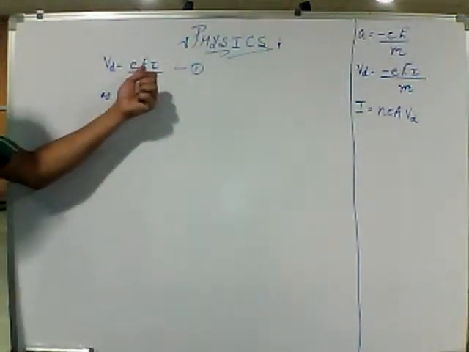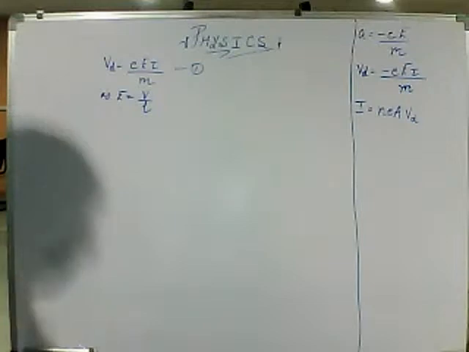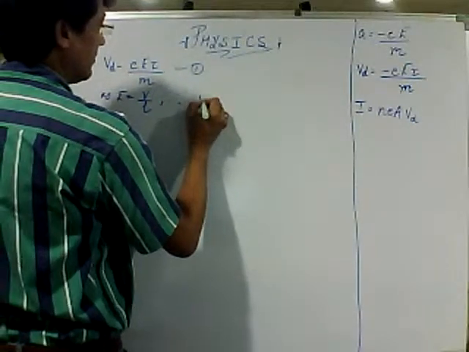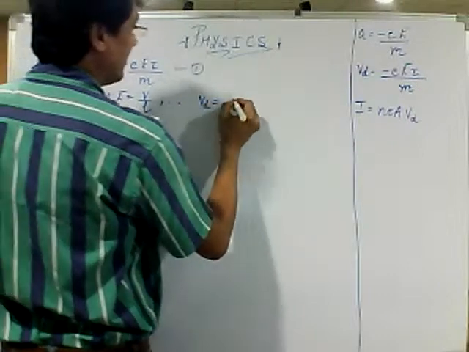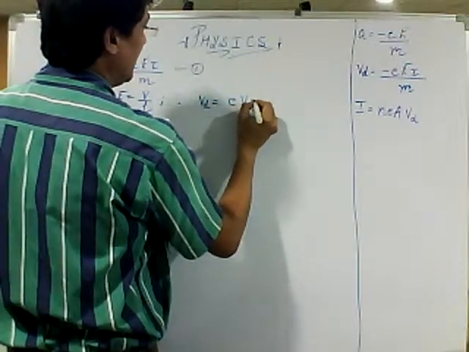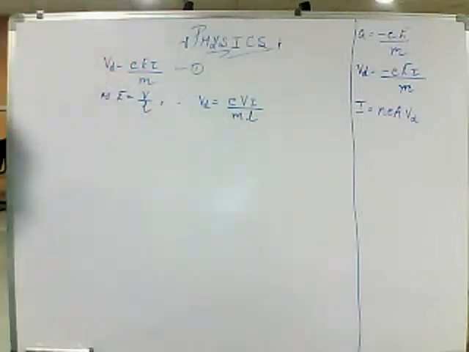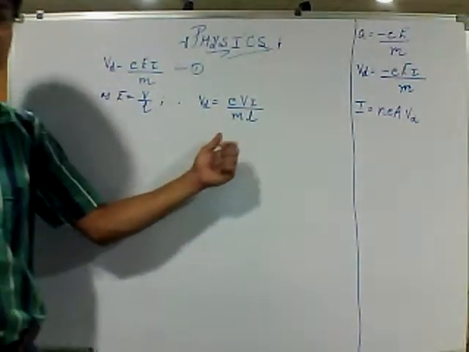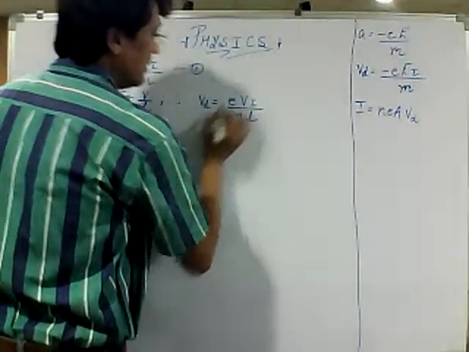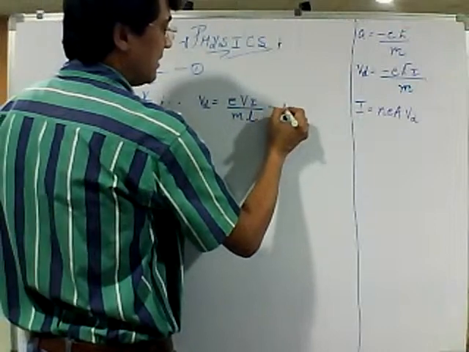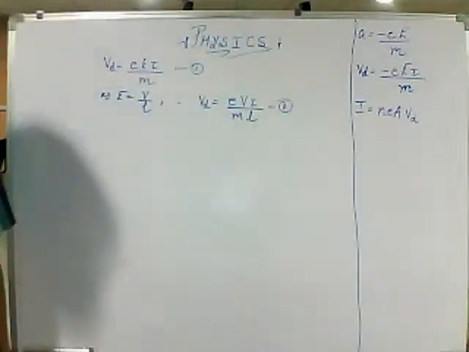So I can replace this E by V by L. So I can have, therefore, drift velocity Vd given as eV tau by mL. Yes, I have the expression for drift velocity now as Vd is equals to eV tau by mL. Let me take this as equation number 2.